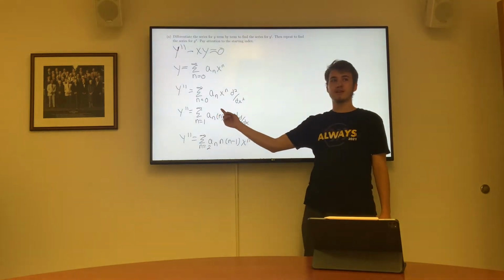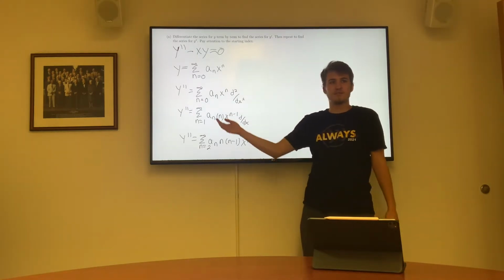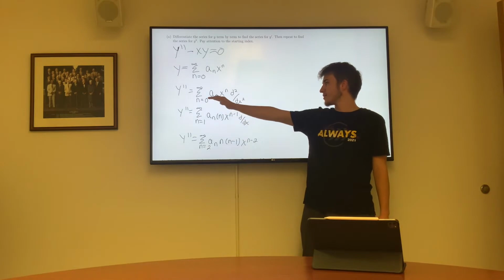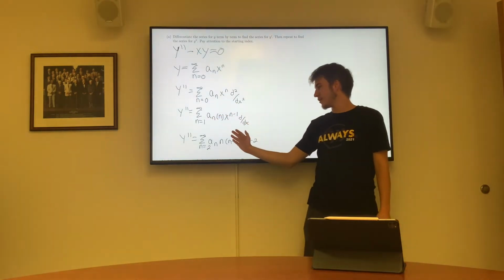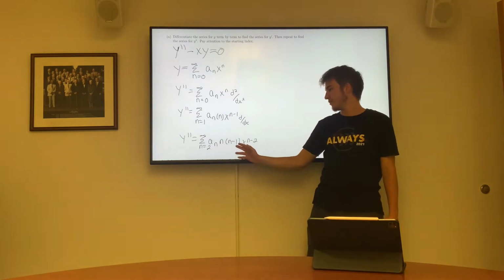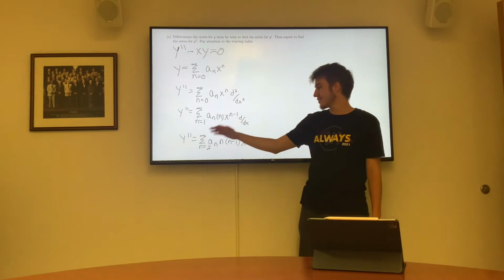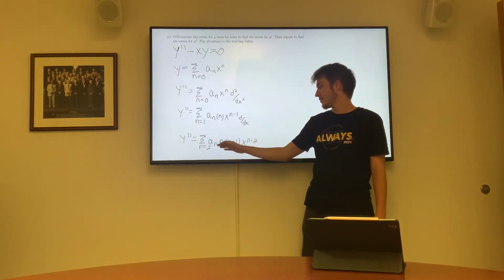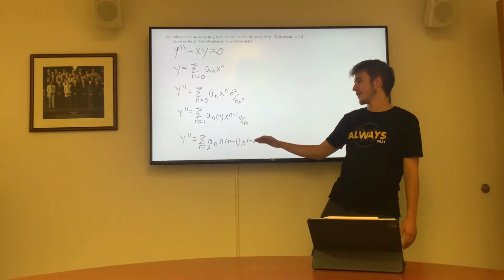Then we subtract 1 from the exponent. To take the second derivative, we take that n minus 1 and move it out front as well, and subtract another one from the power. That gives us the series a_n times n times n minus 1 times x to the n minus 2.